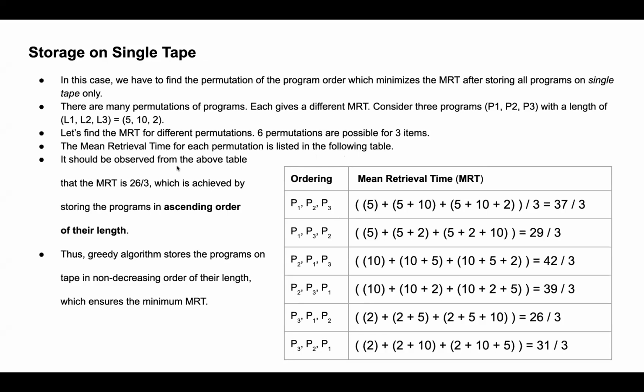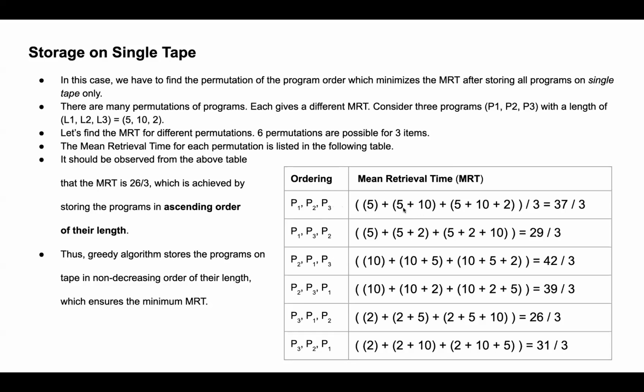It should be observed from the above table. We'll see this table first. The first ordering is P1, P2, and P3. Now see how the lengths are considered here. The length of P1 is 5, the length of P2 is 10.